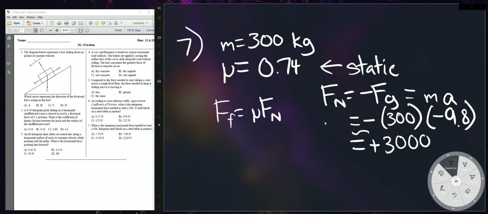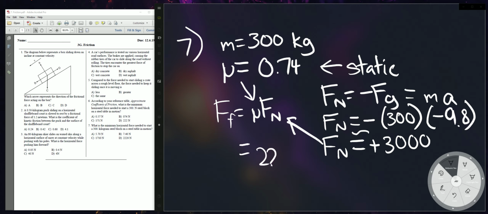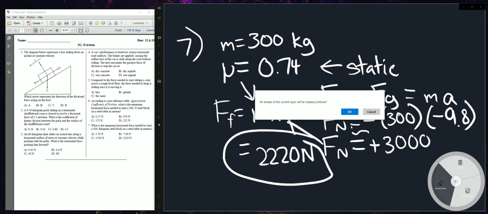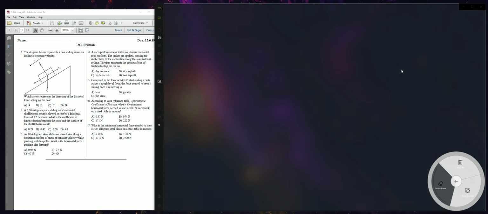Now that you have your Fn, you can substitute it in with your mu, and you get somewhere around this number. This is your minimum horizontal force required to get an object to start moving. Hopefully that helped. Ask me any questions if you have any.